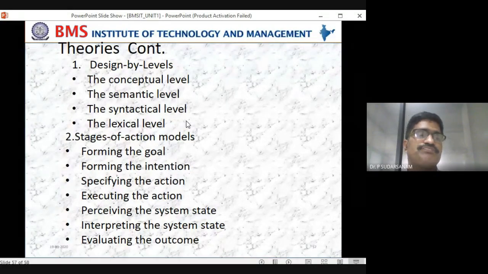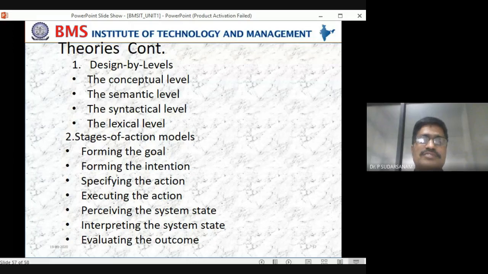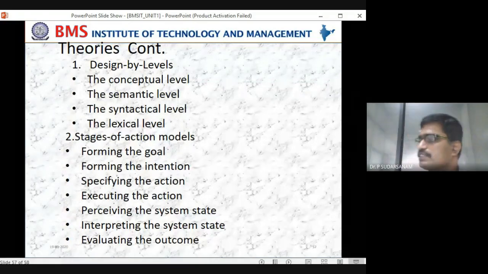Next one is stages of action modules. What are the stages of action modules to be taken in user interface design?